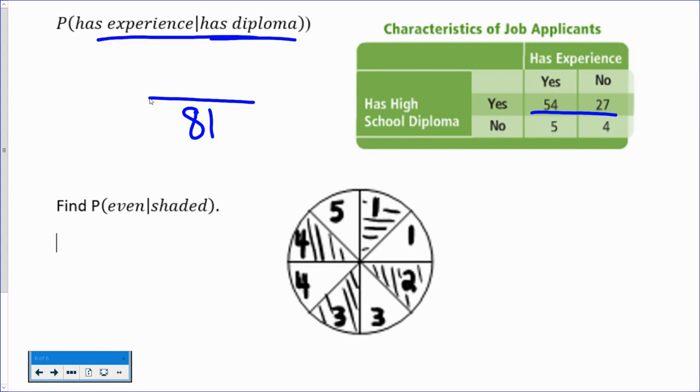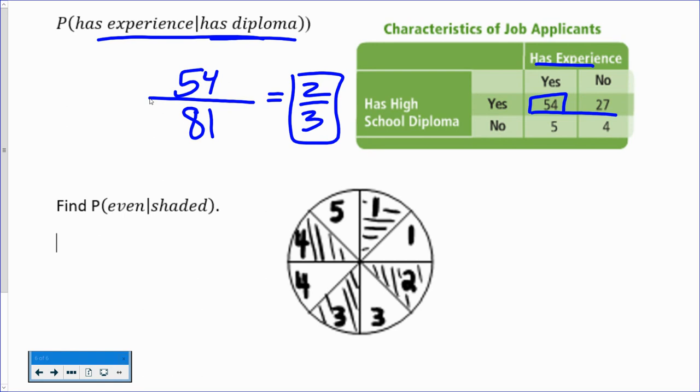How many has experience with that diploma? Has experience is up here, yes is 54. So 54 of the people who have a diploma would represent that probability. If I'm simplifying that fraction, I can go ahead and divide both the top and bottom by 27. So 2/3 would be my answer, or 0.667 as a decimal.